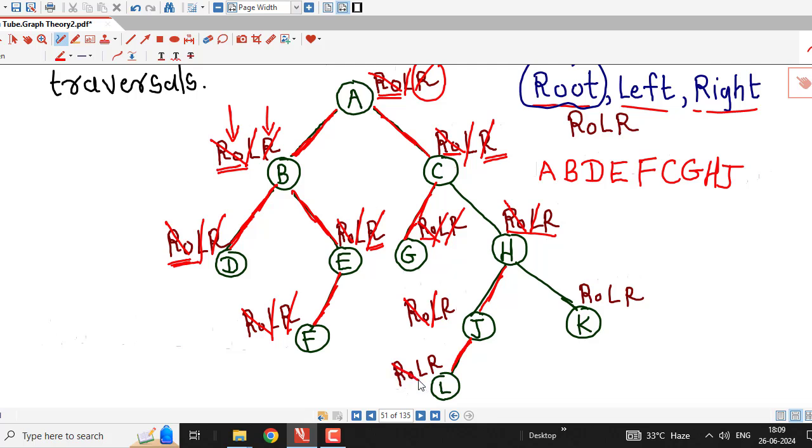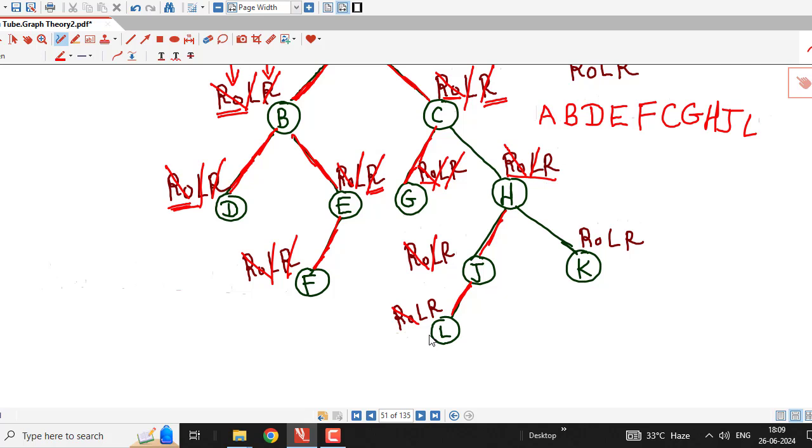Here we process the root first, that is L here, then left subtree of capital L, there is no left subtree. Similarly, right subtree of capital L, there is no right subtree also.